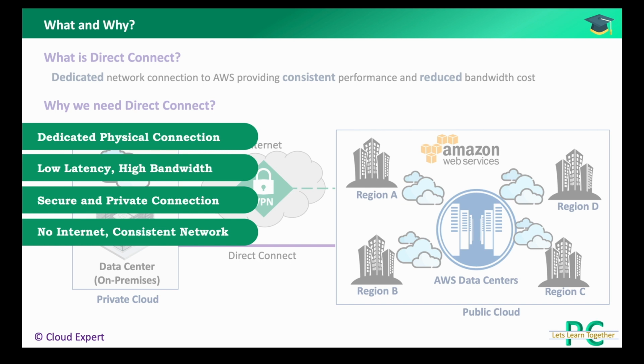Now the next part is, as I mentioned earlier, there is no internet involved. It's a dedicated channel or a dedicated cable between your data center and AWS. That is why it will always provide you consistent network performance.